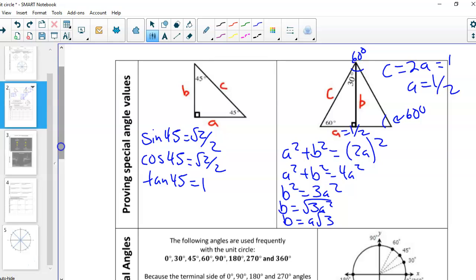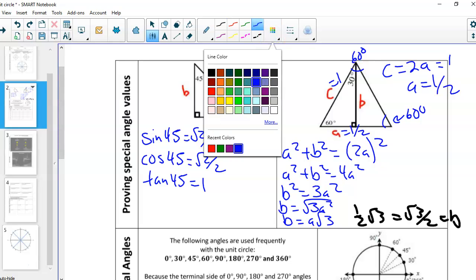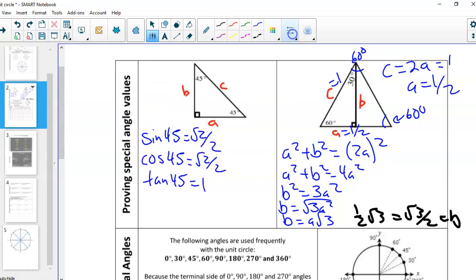Using that, I can also solve for B. So I can say that B is the square root of 3/2, which is correct for a 30, 60, 90 triangle.